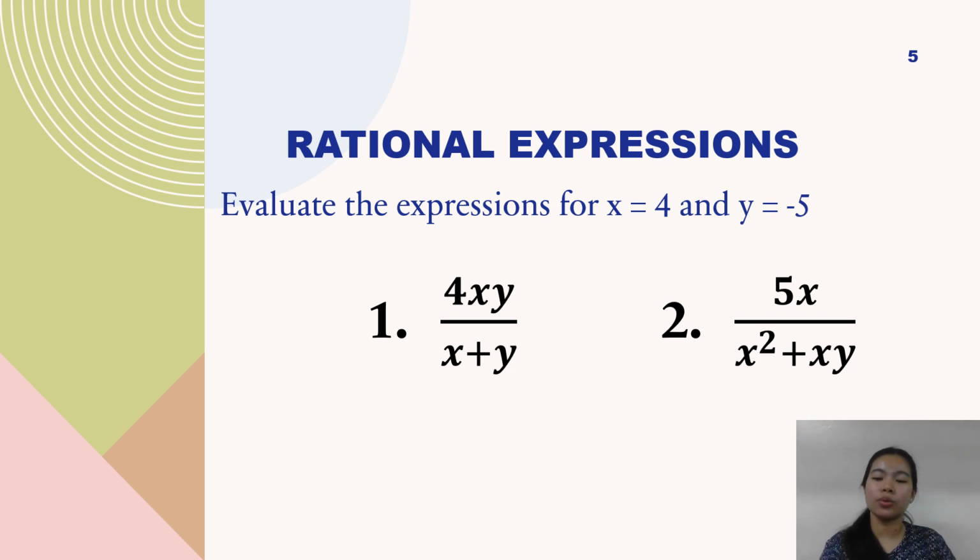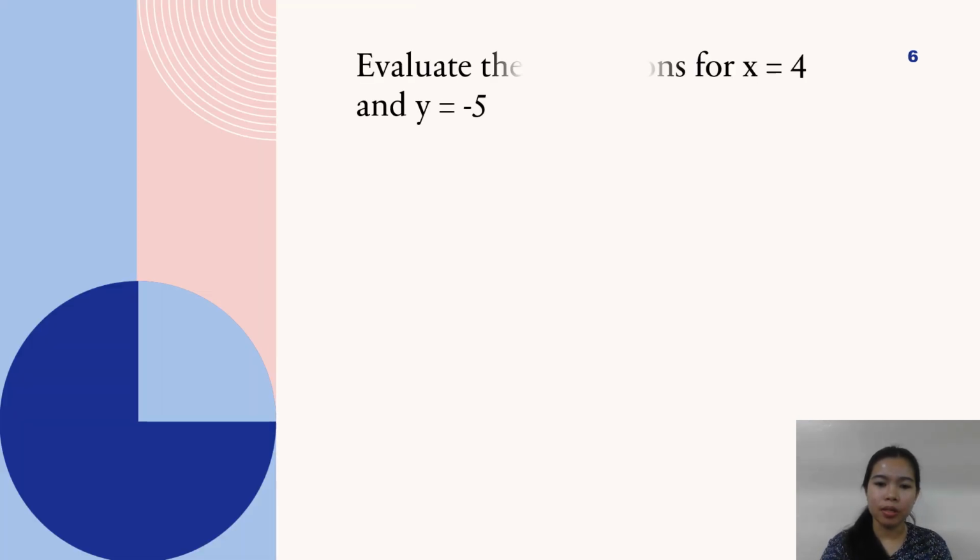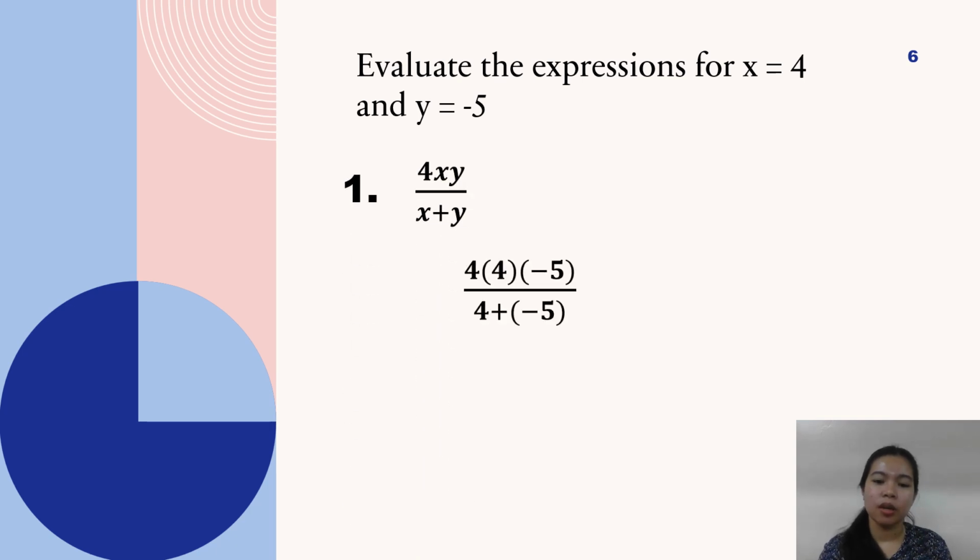So the first thing you shall do is that you're given the value of x, same with the value of y in here, which is negative 5. So what you will do is substitute the values of these. 4x, we got 4 rather, we got 4 in here with the given value of x, which is 4.